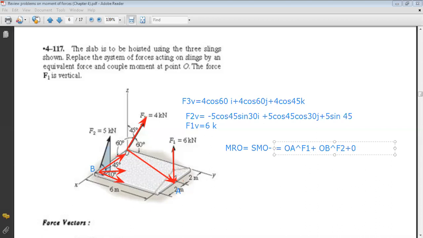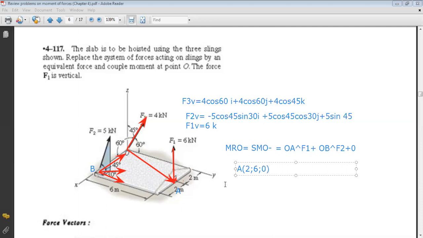So now all you have to do is find the coordinates of A and B and do the vectorial product. For example, for A, as we can see in the figure, it is on the xy plane. It has a y component equal to 6 and an x component equal to 2. So for point A, the coordinates are 2, 6, 0.